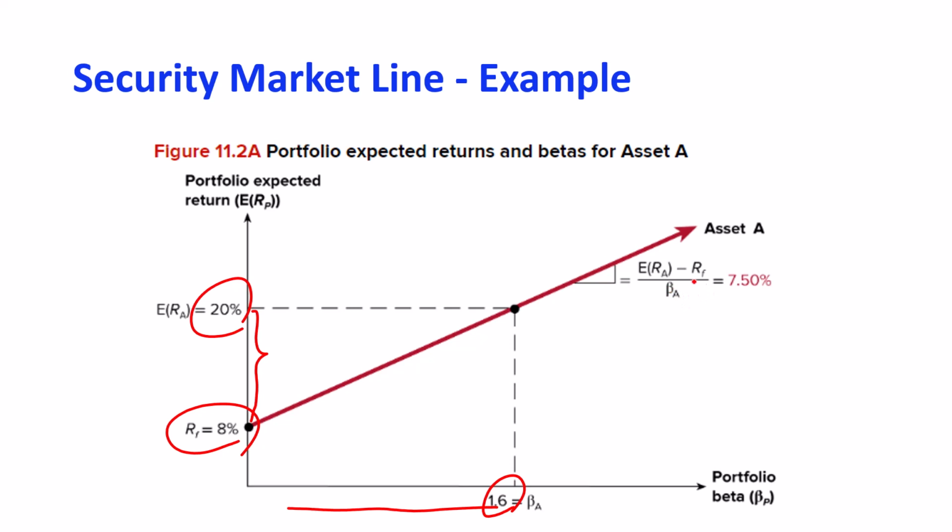We call this ratio reward to risk ratio. Basically, what it tells is that asset A offers a reward to risk ratio of 7.5%. In other words, asset A has a risk premium of 7.5% per unit of systematic risk.